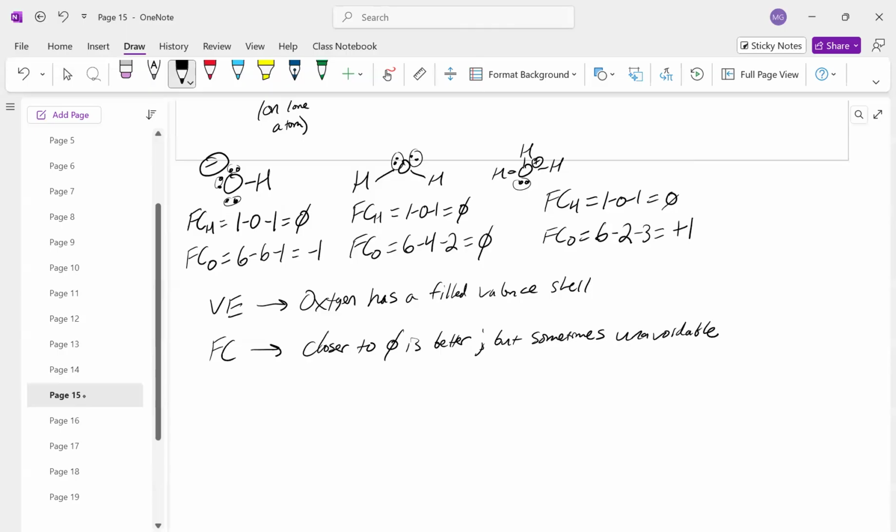And in general, the formal charge is almost always either +1, 0, or -1. In fact, I don't think we will see anything different in this class. If something has a formal charge and that's not 0, it's usually +1 or -1.